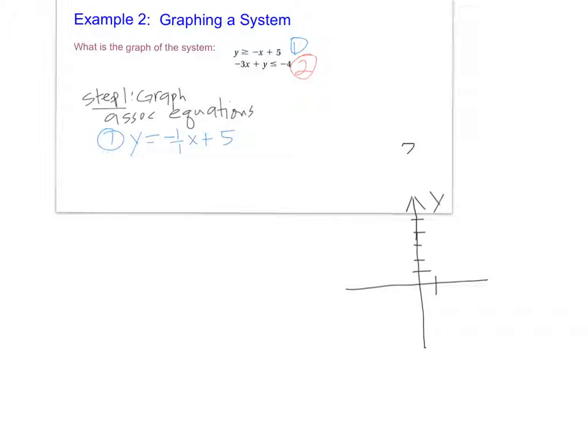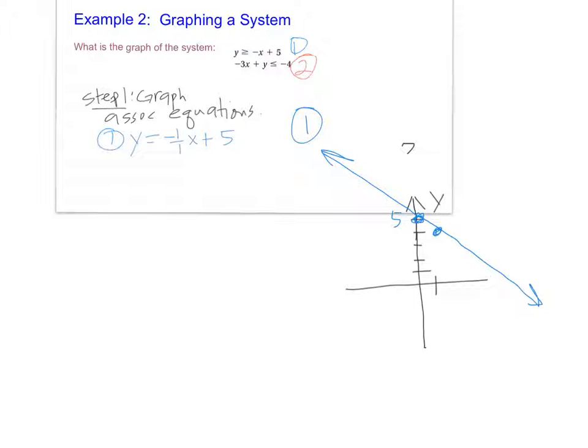So we see the y-intercept for the associated equation 1 is at 5, and the slope tells us to go down 1 and right 1, and so we get the point here at 1, 4. And so the next thing we do is we connect the lines. Our original inequality has an equal sign, so we make it a solid line. So that is number 1.